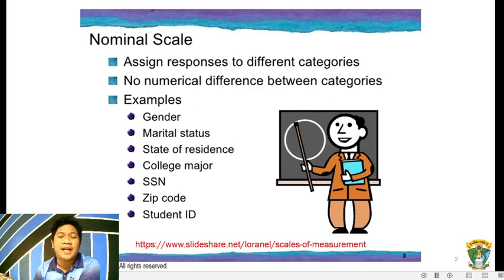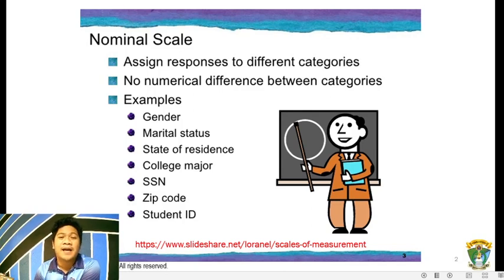So for nominal, it assigns responses or data to different categories. There is no numerical difference between categories. Examples are sex or gender, marital status, your residence or your address, your major or specialization, your social security number, your zip code, and even your student ID.